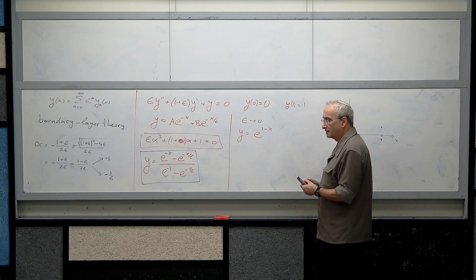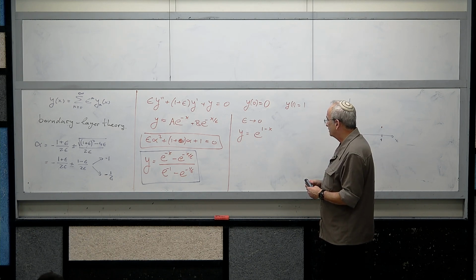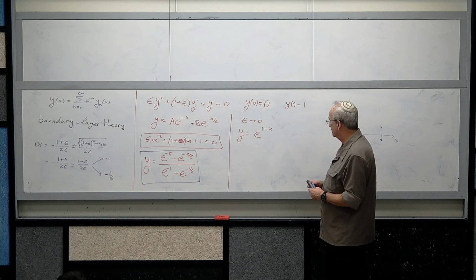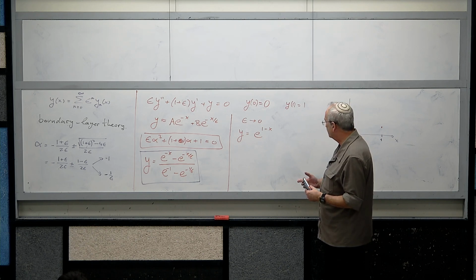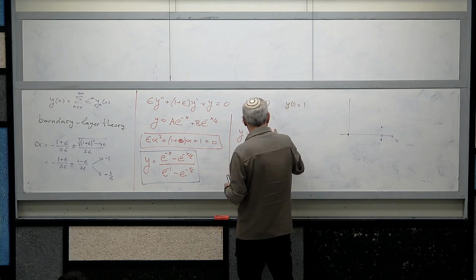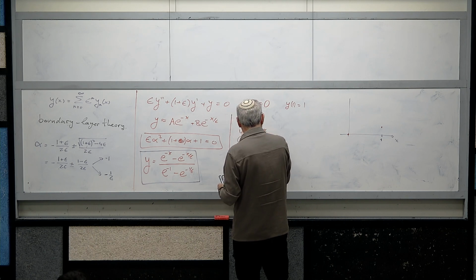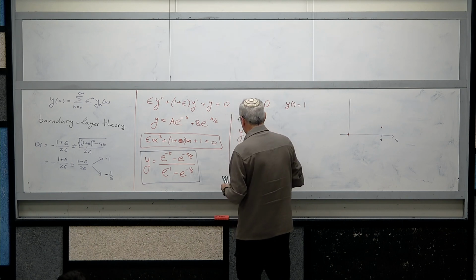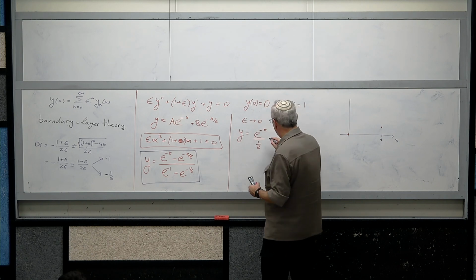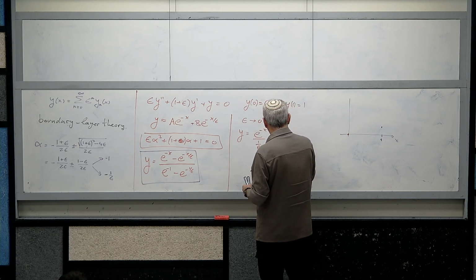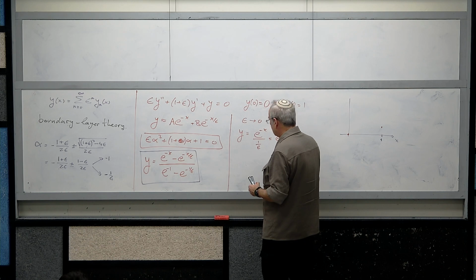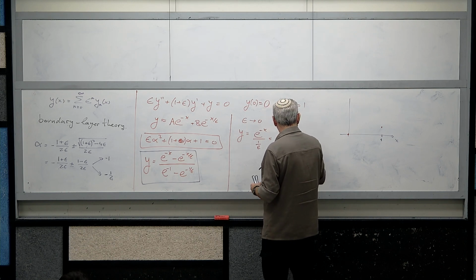Wait, you're right, minus x plus 1. Sorry, that's the same thing. That's e to the minus 1 minus e to the 1 minus x.